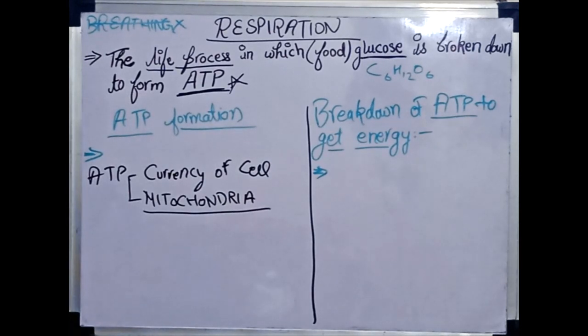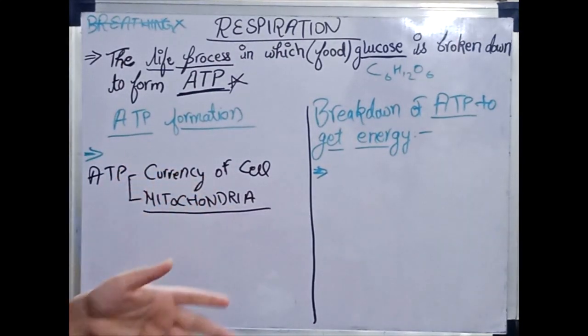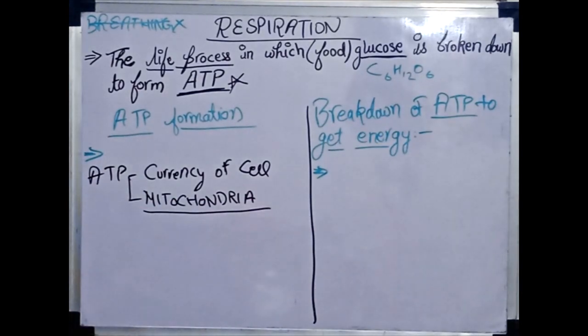Why? Let me give you an example. What is currency for us humans? Not the cell, but a currency, a rupee, a dollar. We use it to buy things we need. Now here the cells are obviously not going to buy and sell anything, but currency here, in the sense, provides energy.